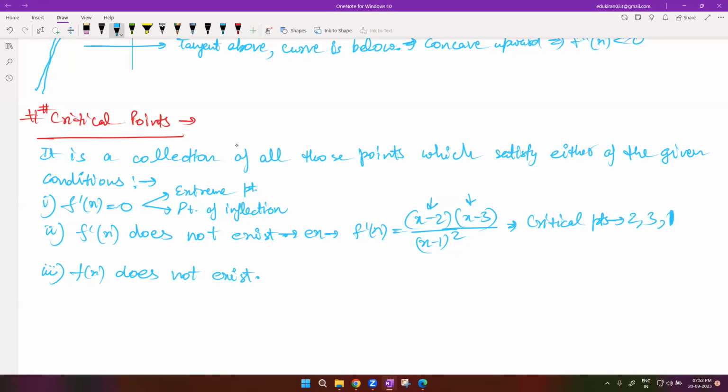So all these points are known as critical points, and the set of critical points is very important for a particular function. That is why we are finding these critical points. We have some classes of critical points: the first class is extreme point, the second is point of inflection, and the third and fourth classes basically deal with the domain of the function.